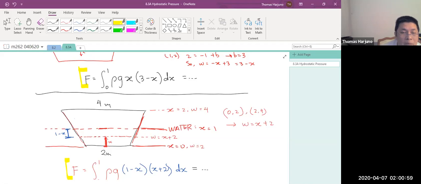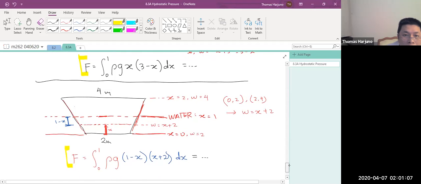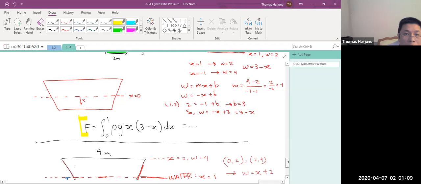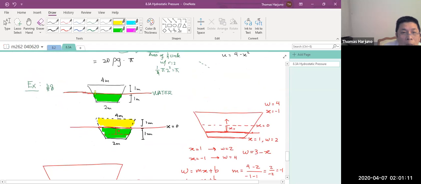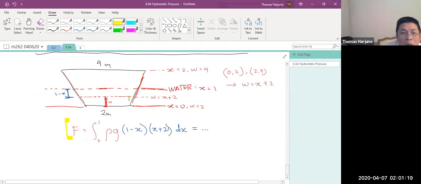Now, with this example, I show you that there are usually more than one way to approach the problem. In the first way, my level of water is my reference, while in the one at the bottom here, the bottom will be my reference line.